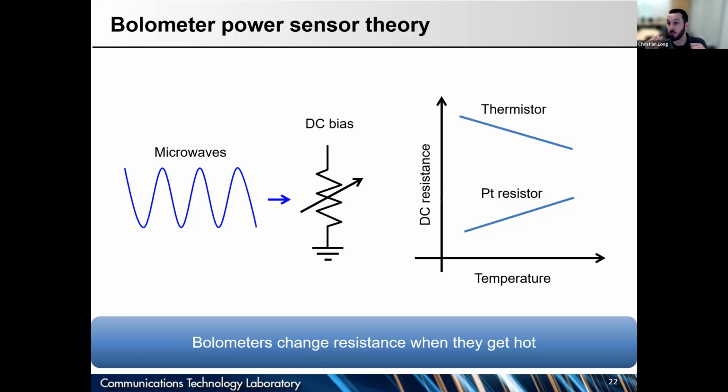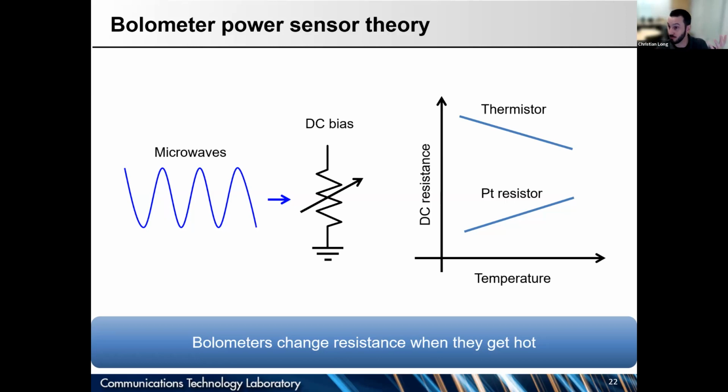When we measure a reflection coefficient, we like the resistance of the resistor to be the same all the time. So these are typically operated in a feedback loop where you put DC power in with a meter, and the meter tries to hold the resistance constant by changing the amount of power that's going into the resistor. And it can also measure that DC power.